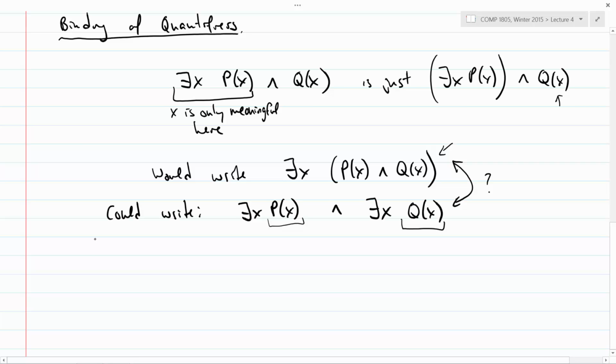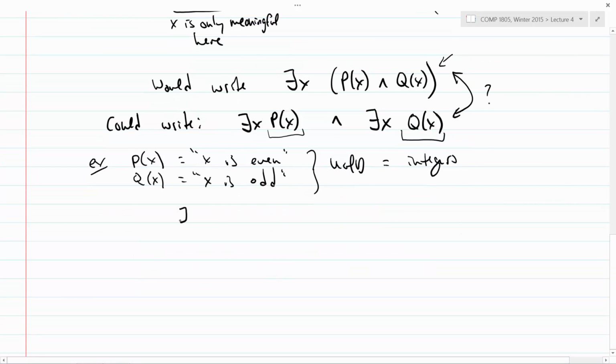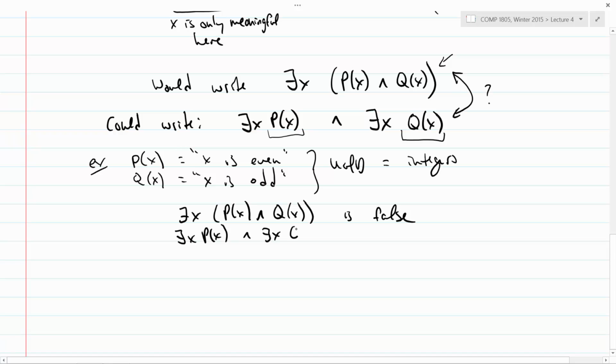All right. So just as an example, if px means x is even and qx means x is odd, where my universe of discourse is the set of integers, well, in that case, exists an x such that px and qx is false, but exists an x such that px and exists an x such that qx is true.